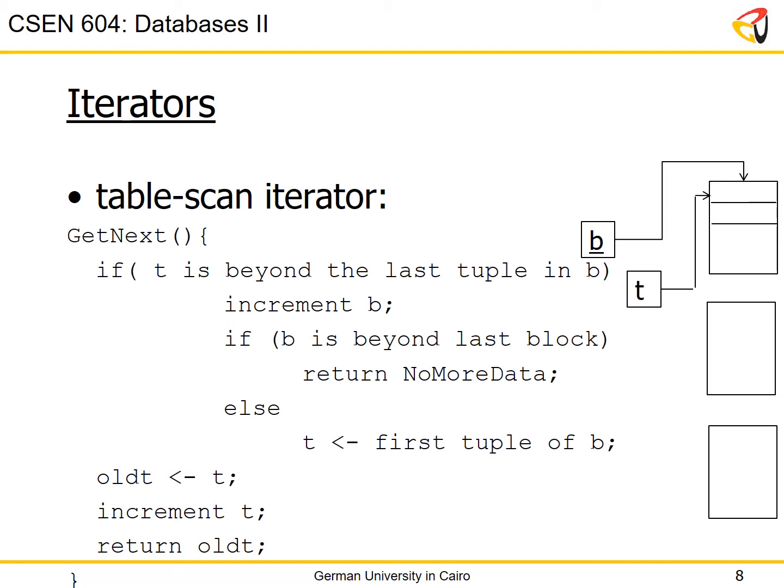The effect of this get next is that it's working in a very, very popular way in the programming world: every time you call it, you get a new row. If you're using it against a data structure, not a database table, for example an array list, when you say get next, you get the next element in the array list. And internally, it has to adjust its local variables so that the next time you call get next, it gives you the next one.